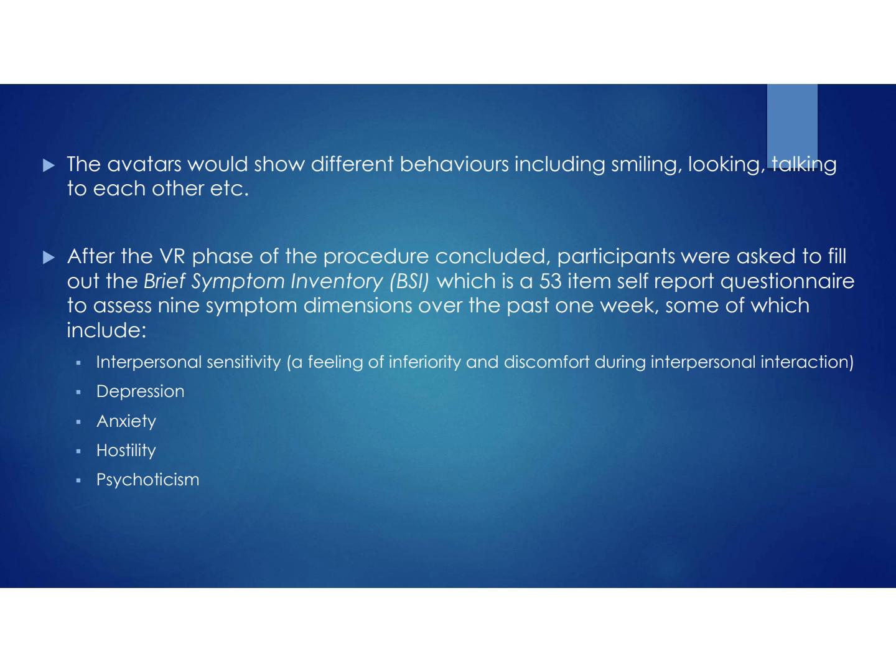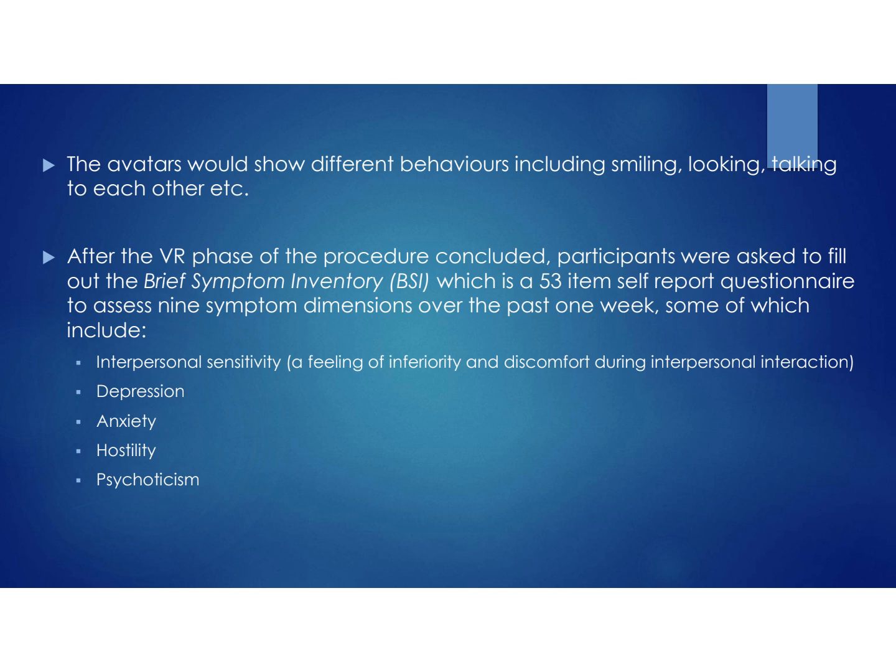What type of symptoms? 9 different types, which include things like depression, anxiety, interpersonal sensitivity, which is a feeling of discomfort or inferiority when you're interacting with people. So, sometimes people interact with others and they feel a sense of inferiority, almost like an inferiority complex when talking to others. That's interpersonal sensitivity.